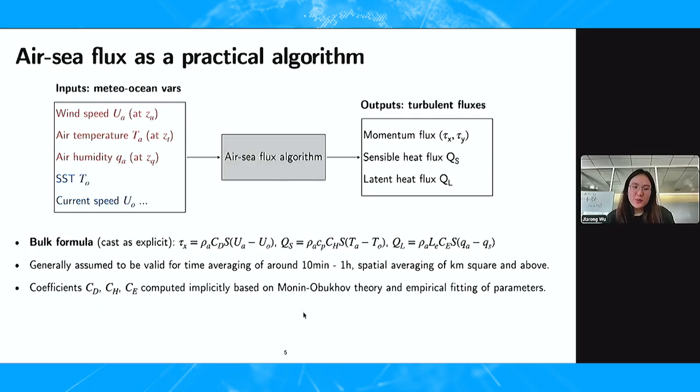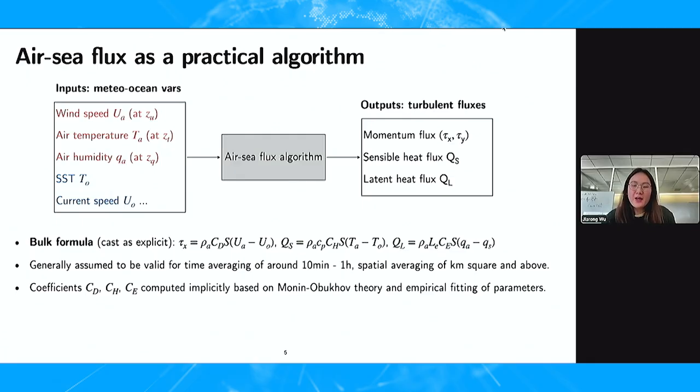And the bulk formulas, which people usually use, are cast as explicit. So it's expressed as being proportional to the magnitude of the wind speed and the difference of quantities between the atmosphere and the ocean: velocity, temperature, specific humidity.